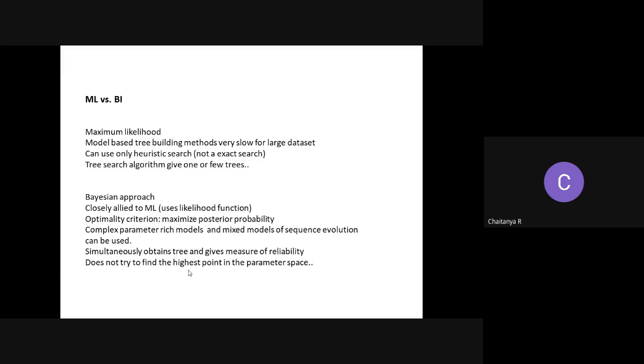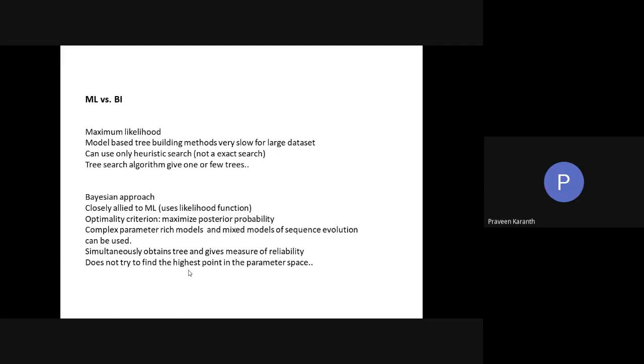Right? And Chaitanya, there's another advantage of using Bayesian inference, at least in the way it's run in MrBayes, and that is you get posterior probability for nodes also. Whereas in case of maximum likelihood, you'll have to run bootstrap replicates.